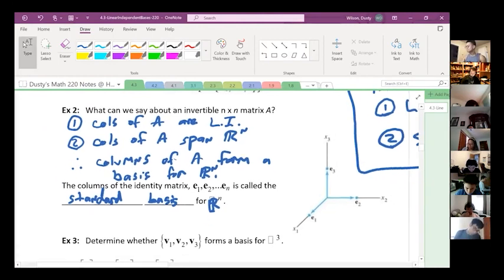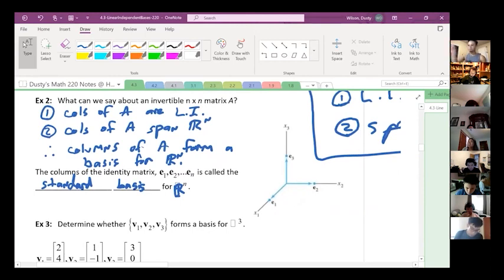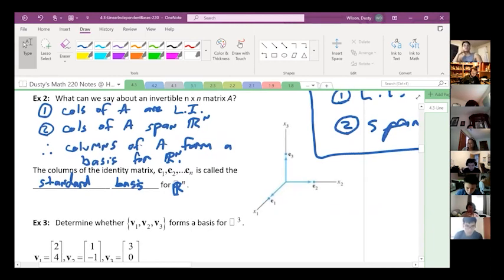And remember that in R3, your standard basis are your old friends. So here's your E1, your E3, your E2. What else did we call E1? I think we also used to call E1 things like I, or did you guys, what did you use, X hat in engineering?